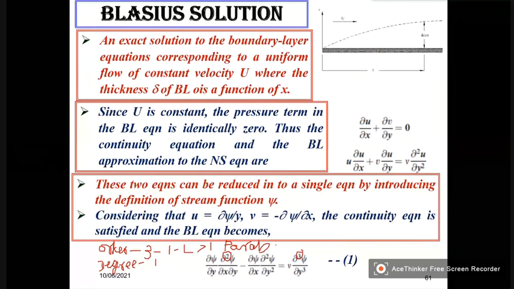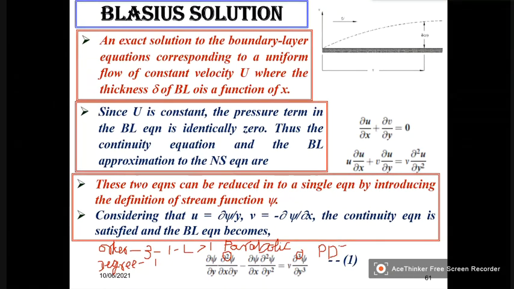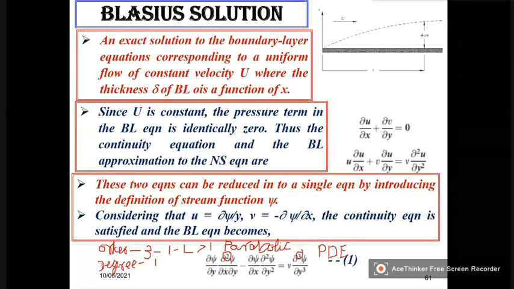So this is a parabolic partial differential equation. Why partial differential equation? Because you have got both x and y, both x and y.